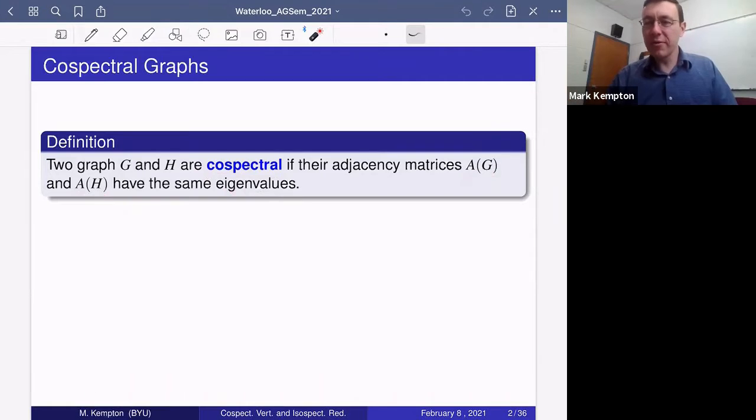In spectral graph theory, we try to understand graphs by way of their spectrum, the eigenvalues of their adjacency matrix. So when two different non-isomorphic graphs have the same spectrum, this is in a sense giving us some information. It's revealing something that the spectrum can't really capture about the graph.